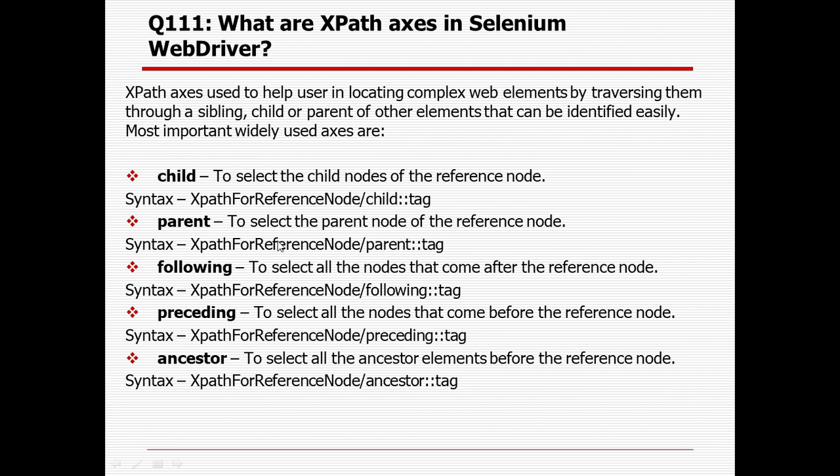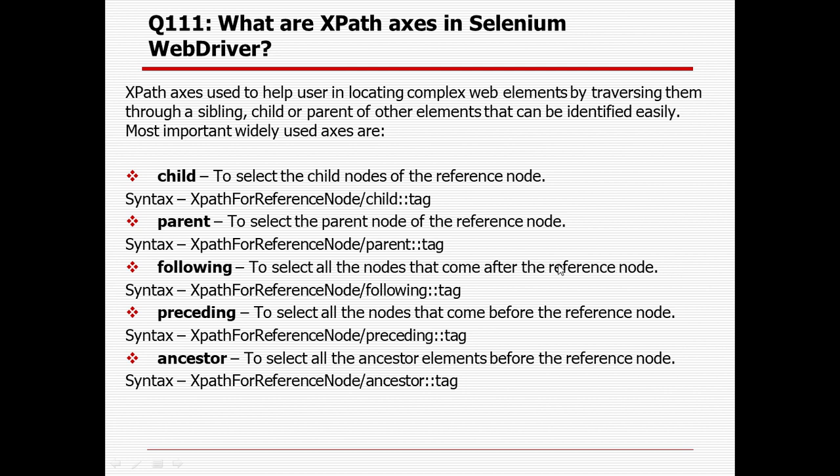Parent: you already created the XPath for the child, and if you want to traverse to the parent, first you give the reference node, then use the slash and parent and the tag name. Following: using the following axis, you select all the nodes that come after the reference node.